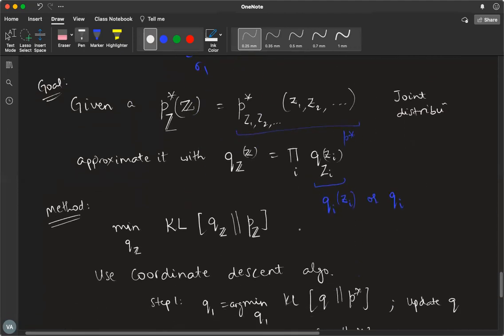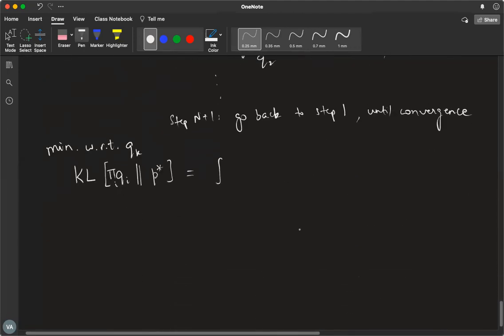Then you write this distribution, the product over i of Q_i, and the log of this distribution upon P star, the product over i of Q_i divided by P star. This whole thing, and you have to integrate it over all the dz_i basically.